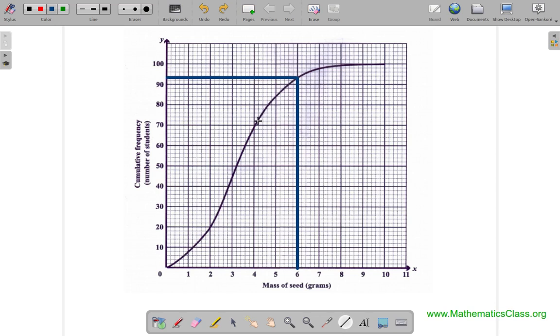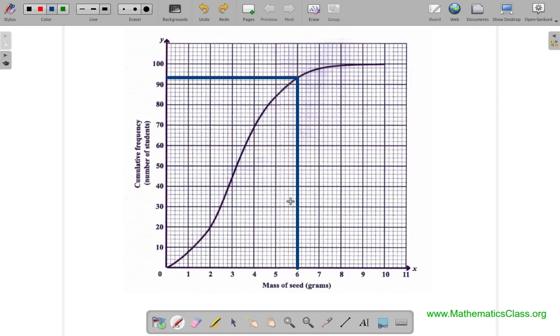So it would be about 94. If you draw the line from the 6 going up to the curve and then go across, the number you get is about 94. That's what I'm trying to say here.